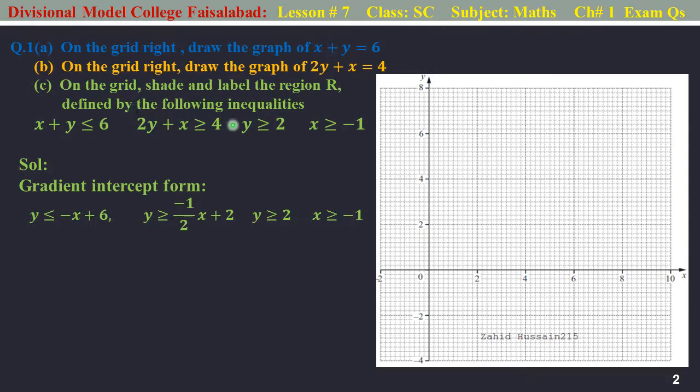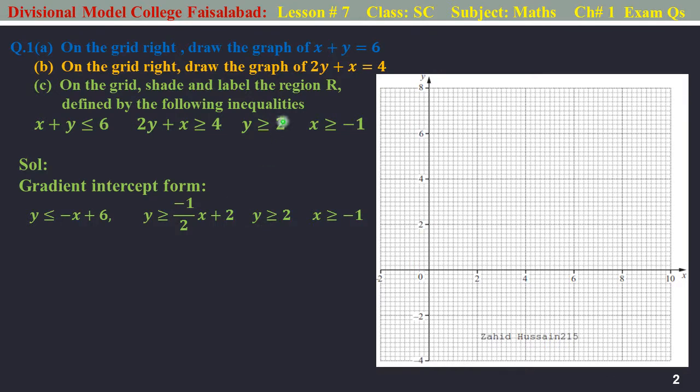And writing this inequality in gradient intercept form, we get y is greater than or equal to minus 1 over 2x plus 2. Then we transfer plus x to the right hand side. It will give us minus x plus 4, and when we divide the right hand side by the coefficient of y, we get minus 1 over 2x, and 4 divided by 2 gives plus 2.